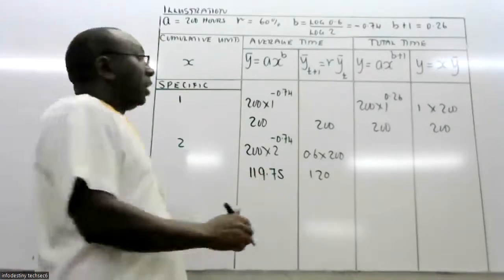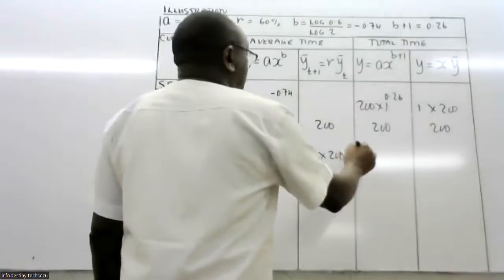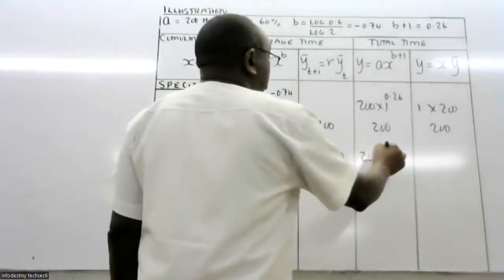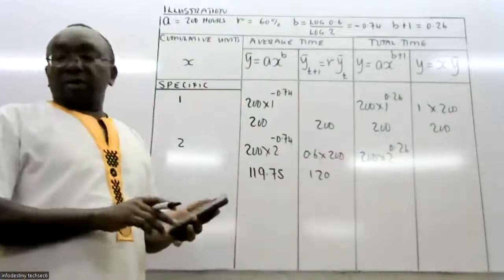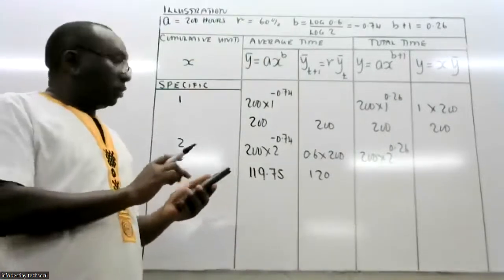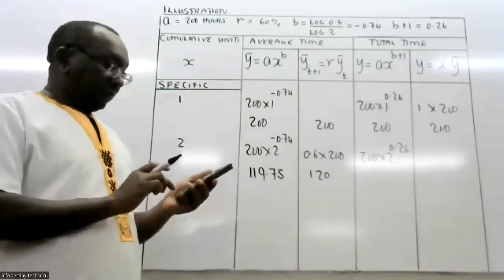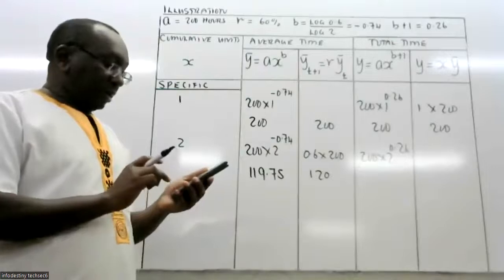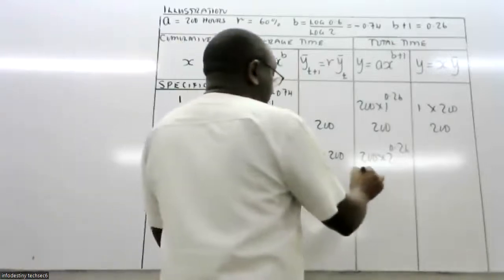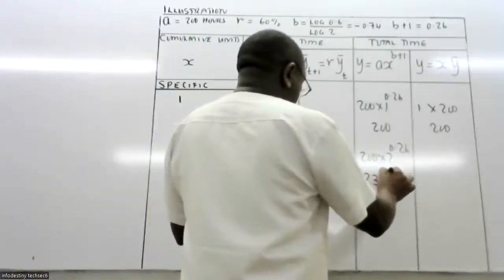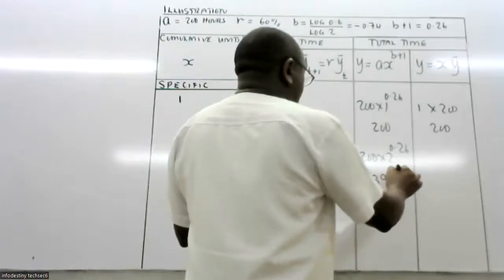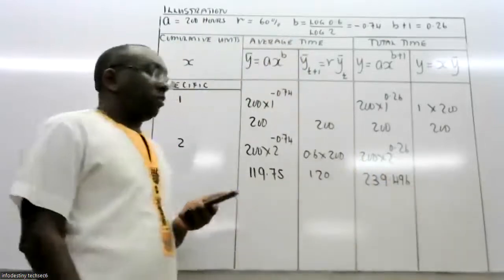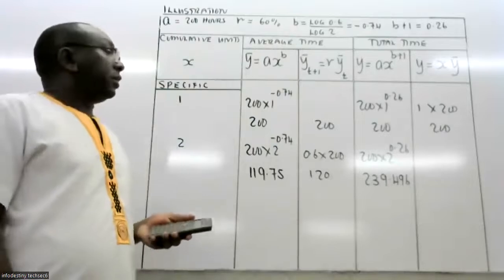When we come here, it is 200 times 2 raised to power 0.26. So that would be 2 raised to power 0.26 multiplied by 200. It is 239.496.